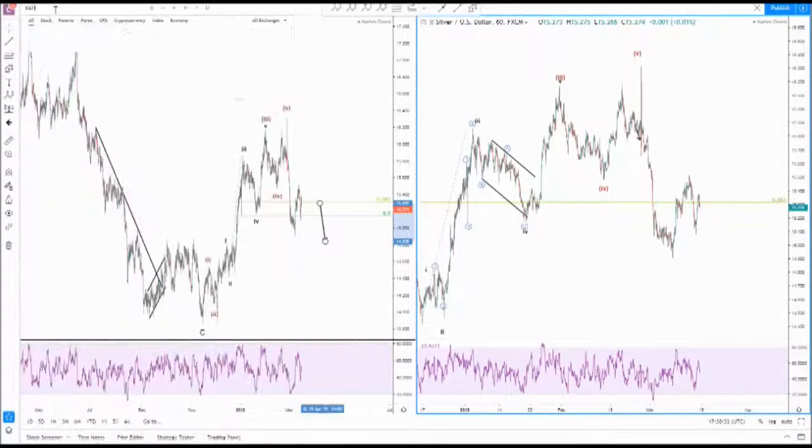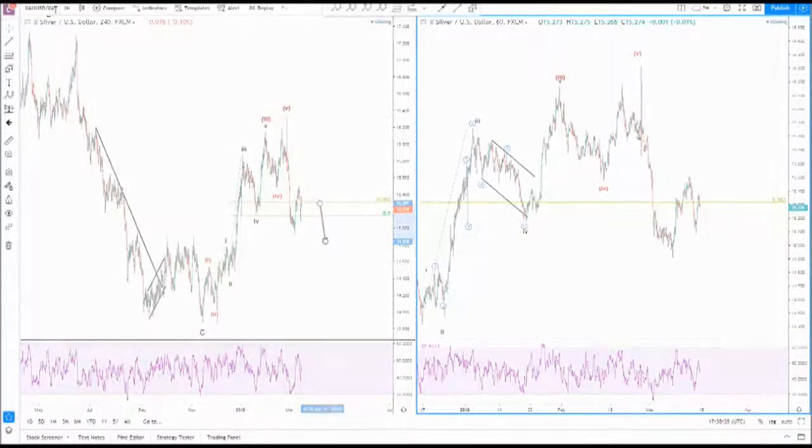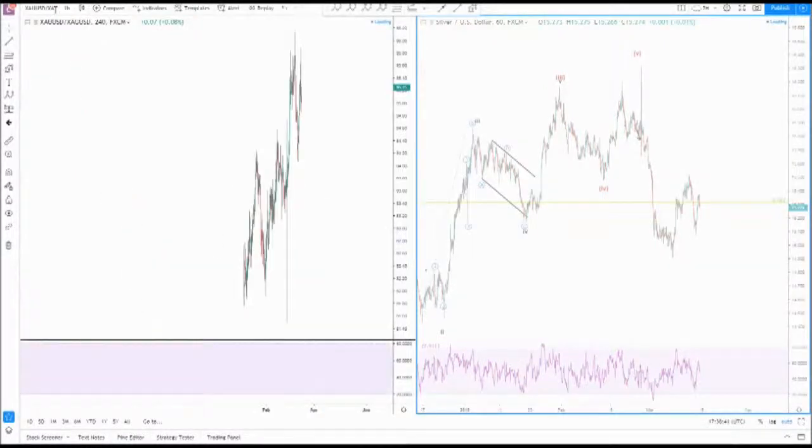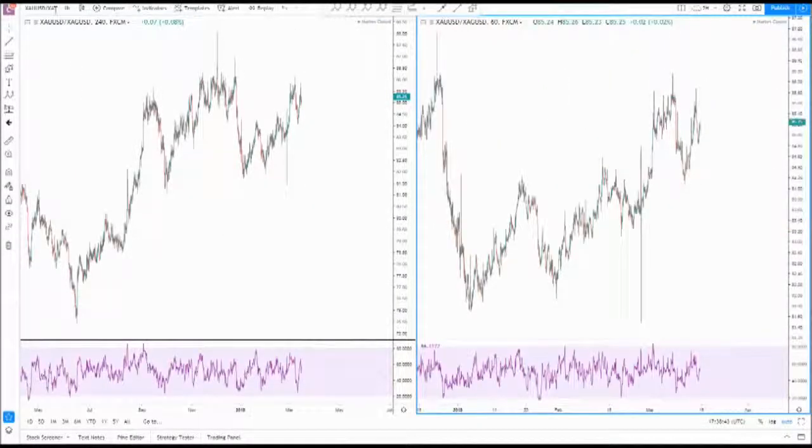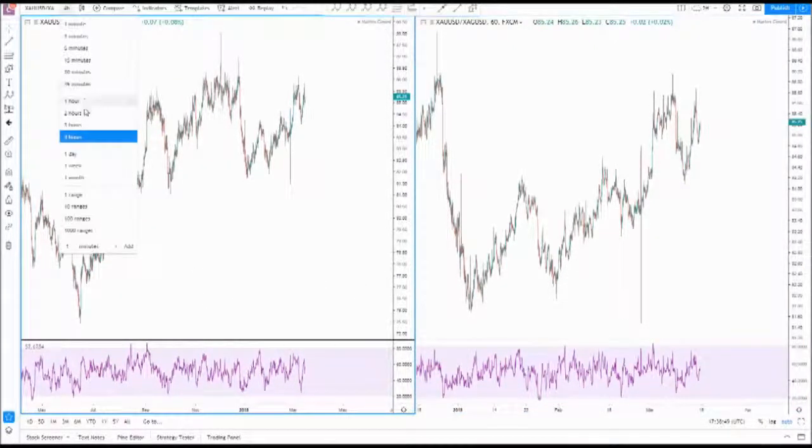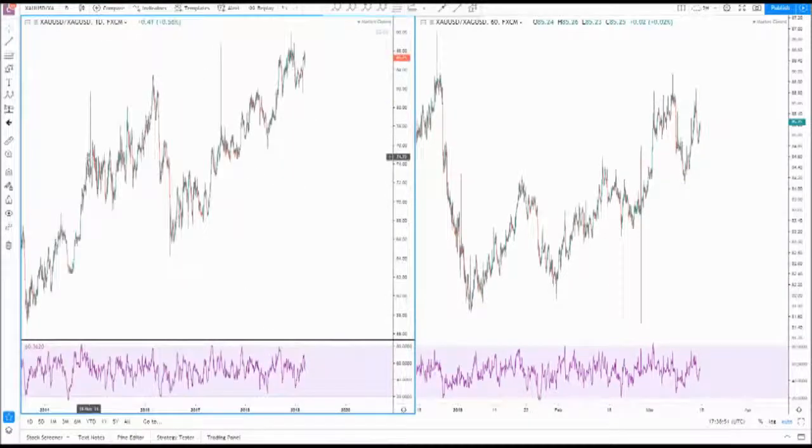One thing we could look at is gold versus silver. This again can help you decide which one you'd rather be long or short, depending on your bias. So if we go to a daily, just to get the long-term picture for a second.